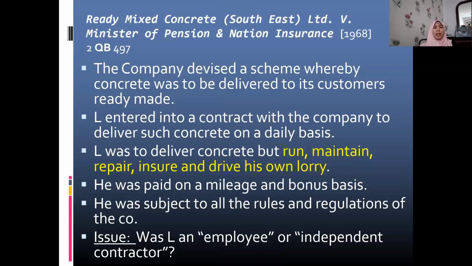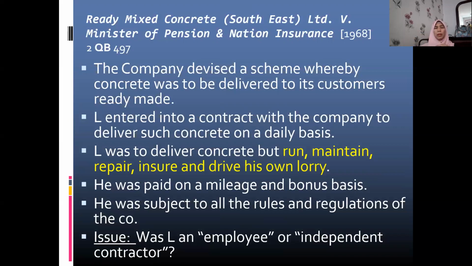Okay, and then what's the arrangement? L was to deliver concrete, but as far as L was concerned, he was to run and to maintain and to repair and to insure and to drive his own lorry. So L actually owned his own lorry, and whatever the arrangement between L and the company, L is fully responsible to maintain, repair, insure and drive his own lorry.